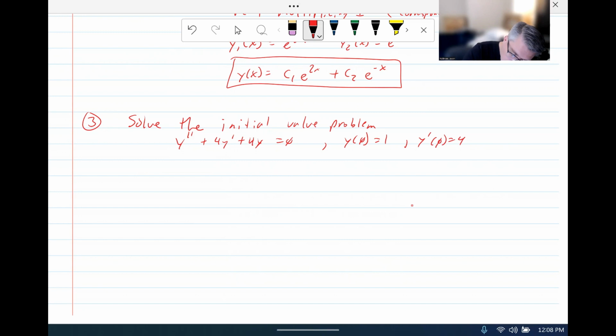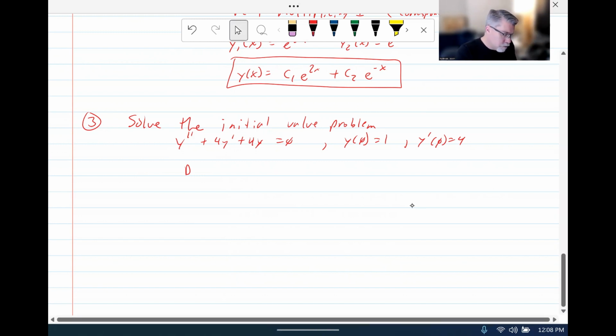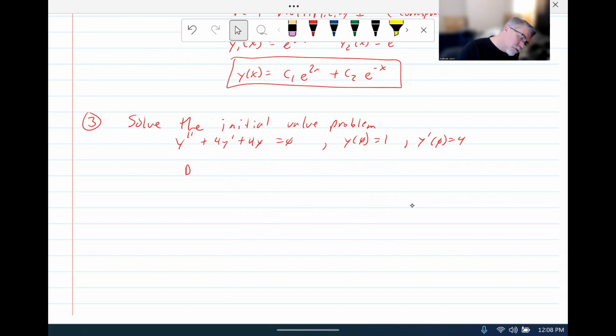Okay, so let's write this with our polynomial differential operator. P of D is equal to D squared plus 4D plus 4. Okay. And so this is (D squared plus 4D plus 4)y equals 0.